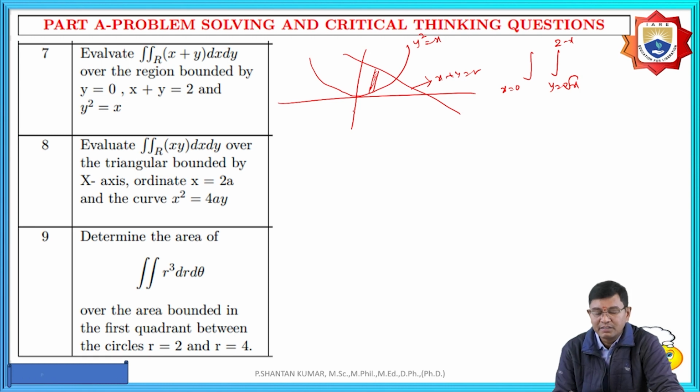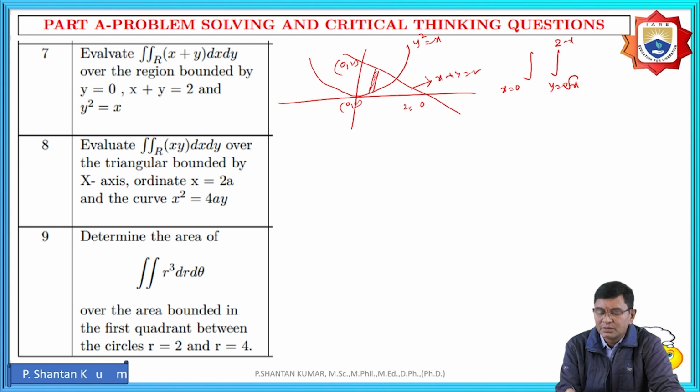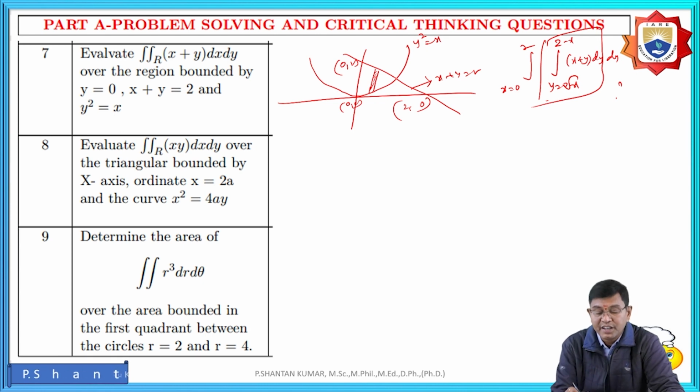By solving the equations we obtain the intersection points, 0 comma 0, 0 comma 2, and 2 comma 0. Then we integrate x plus y dy with respect to dx. We need to check the limits after finding the intersecting points. Whatever it may be.